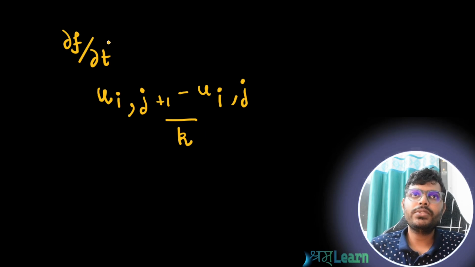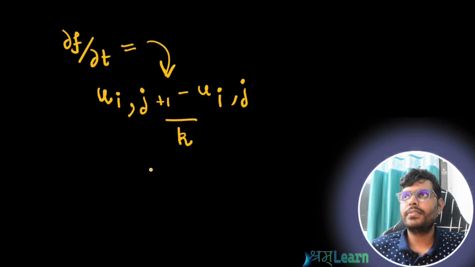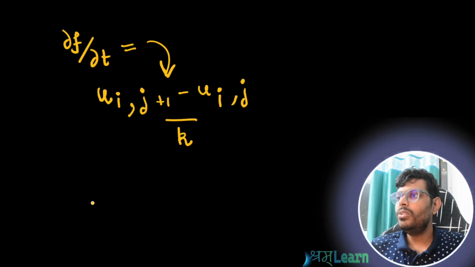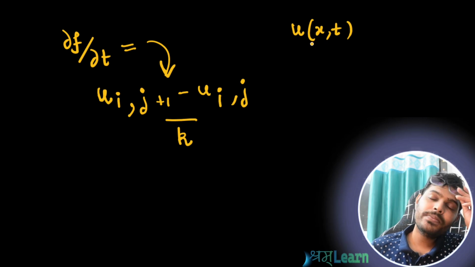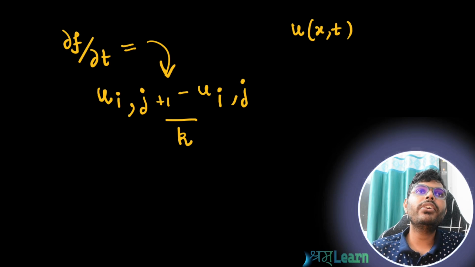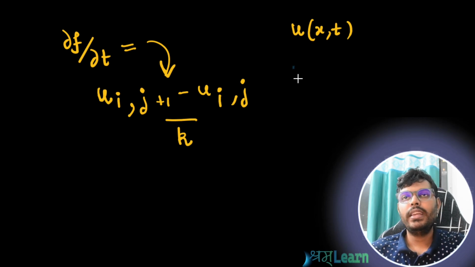So this thing is equal to this thing. Now I am no longer interested in all values of u of x comma t, but now I have a discrete space where I want to compute u of x comma t.